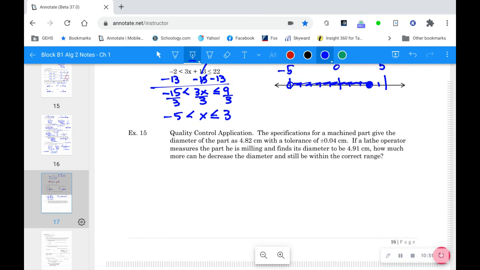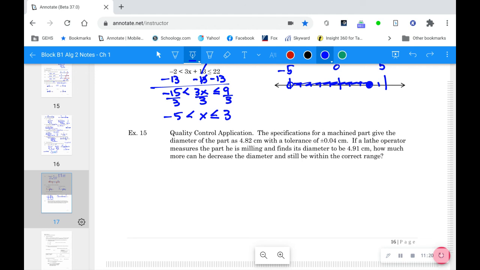Okay. Quality control problem here with something called a tolerance. What it is, it tells you how much bigger or smaller the part can be and still be valid and work in the machine for which it was designed. Okay, so it tells us the ideal part should be 4.82 centimeters and that it has a 4/100ths of a centimeter tolerance.